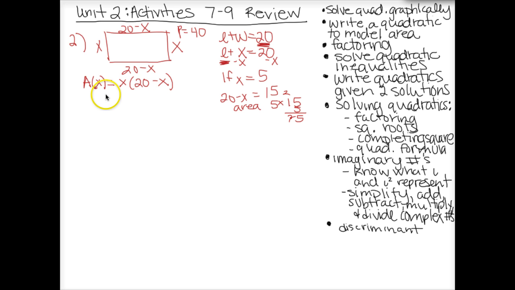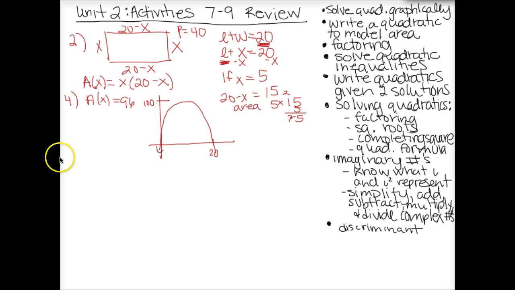So number 4 then says an area of 96 square centimeters is possible. Use A of x to demonstrate this fact algebraically and graphically. So if area, A of x, equals 96, it's saying to demonstrate that that's true. Well, when you graph it, here's 20 on my x-axis, and here's 100 on my y-axis, your graph looks something like this.